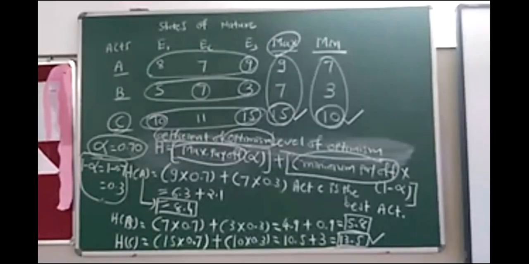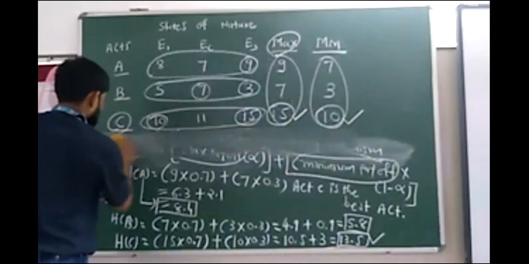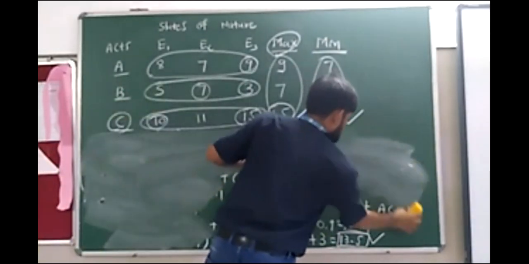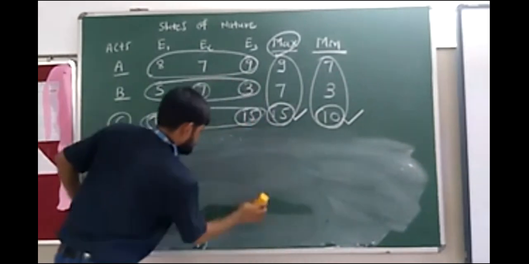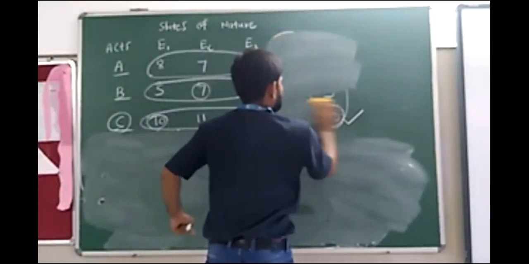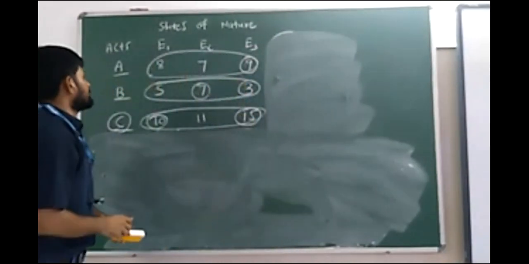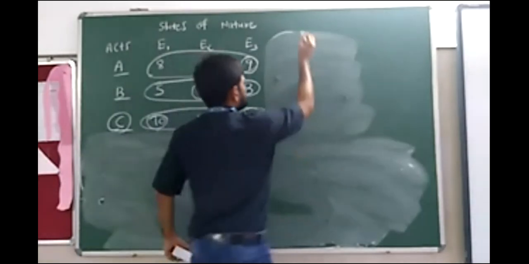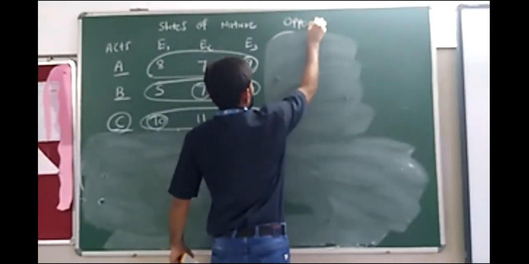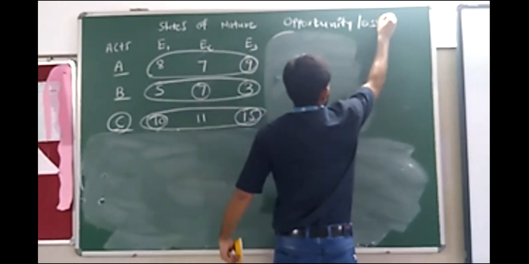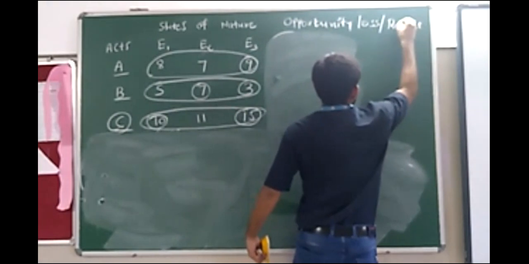So this is our payoff table. Now from the payoff table we'll find the opportunity loss table, also known as the regret table.